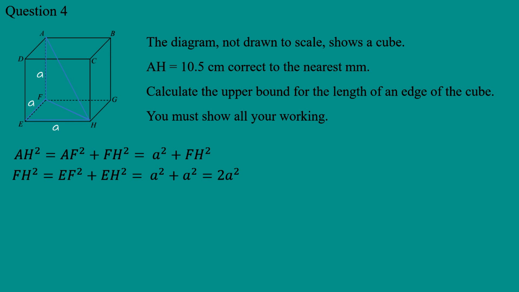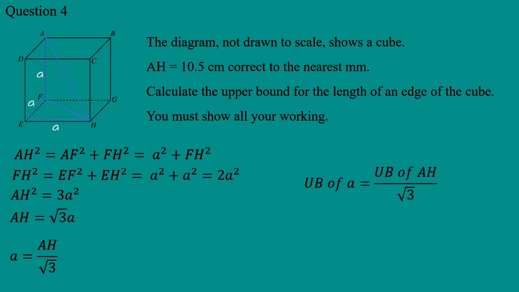Hence, AH squared is A squared plus 2A squared, which is 3A squared. Square rooting both sides of this equation gives AH equals root 3 A. Rearranging gives A equals AH divided by root 3. The upper bound of A is given by the upper bound of AH divided by root 3.